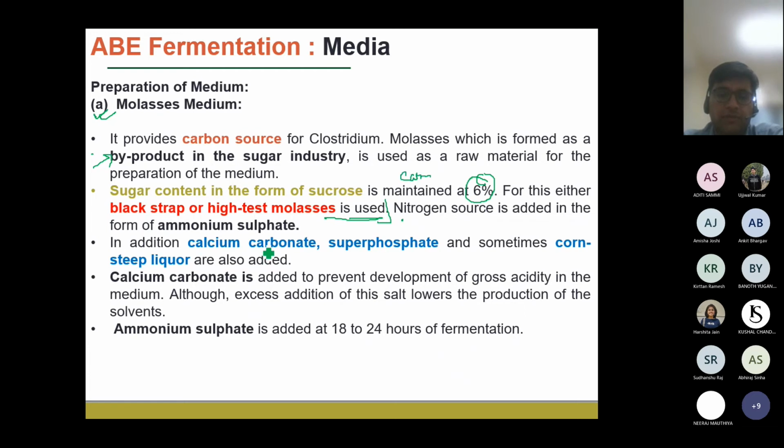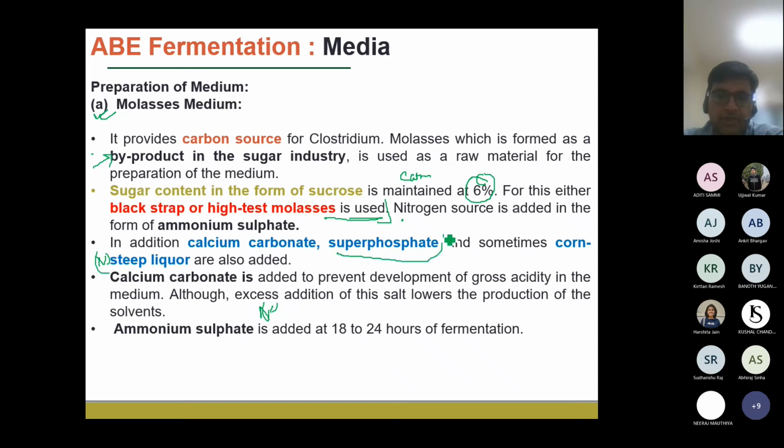And in the case of calcium carbonate, superphosphate, and sometimes corn steep liquor, they are the main part of the nitrogen source, especially in the case of corn steep liquor. And there are other derivatives like calcium carbonate or the phosphate.